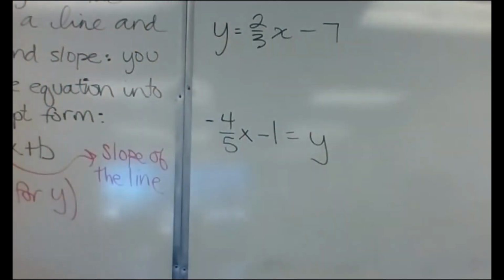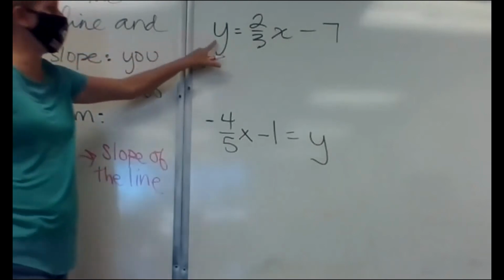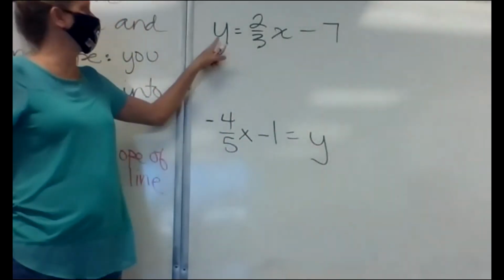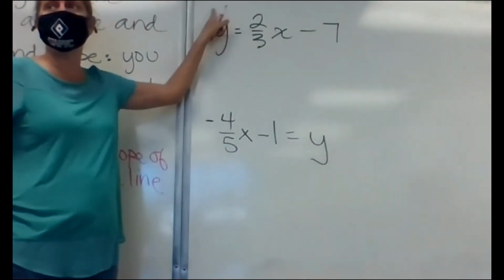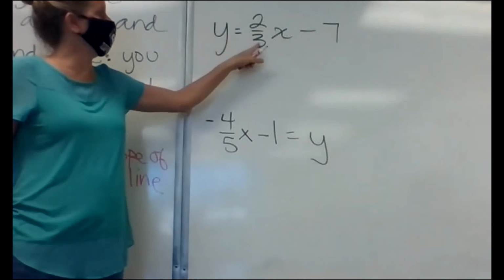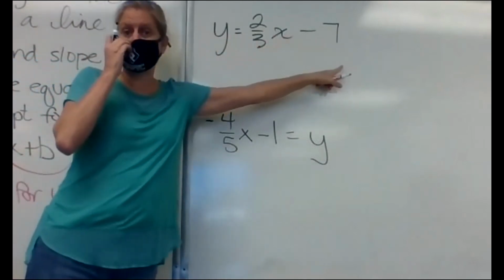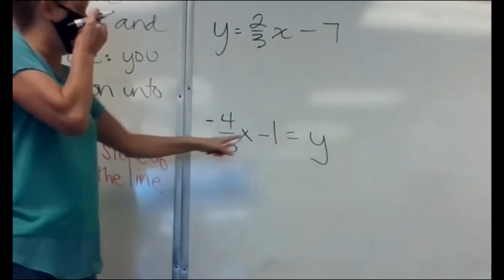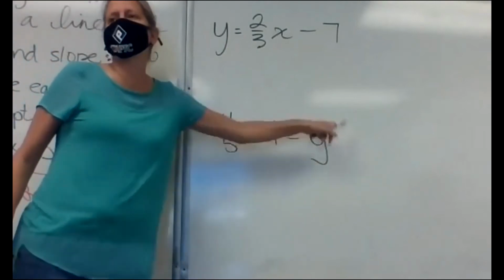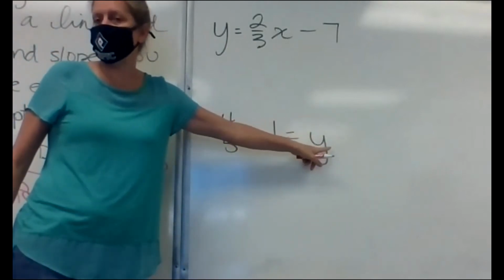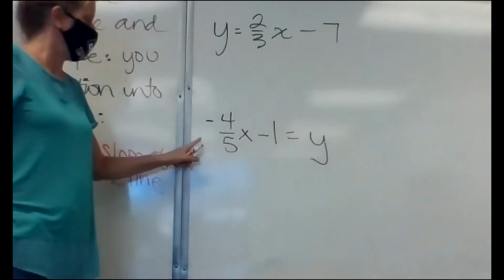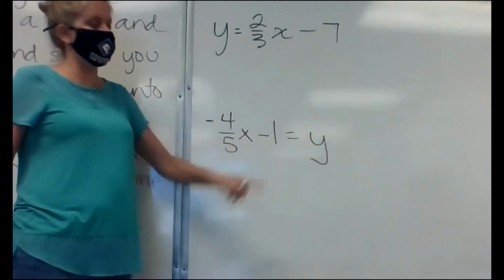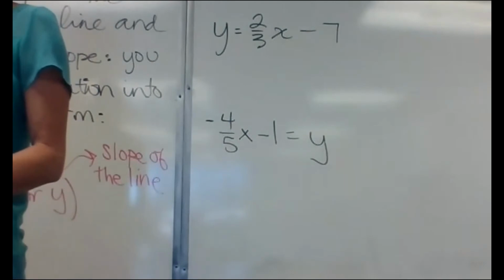So both of those examples are in slope-intercept form. You're in slope-intercept form if y is by itself. In both of these examples, y is by itself on that side equals 2/3 x minus 7. In this example, y is by itself. It's just on the other side. It doesn't matter. If it's by itself, the other side is the mx plus b.